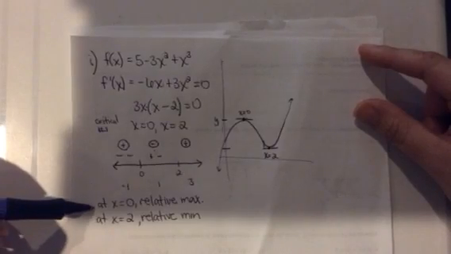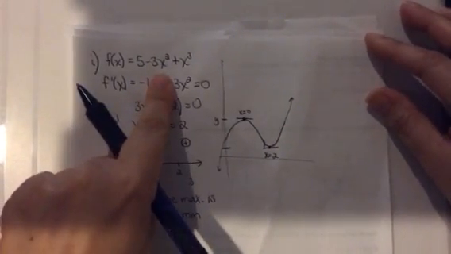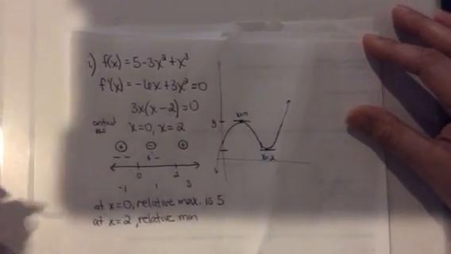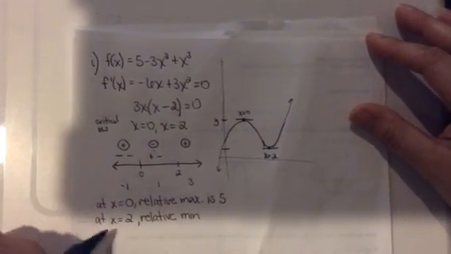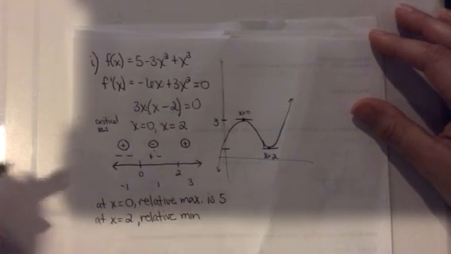So I'm going to plug in a 0. I can plug in a 0 without writing anything, right? So the relative max is 5 at x equals 0. And then let's see if I can use my brain, unlike the last video I made.